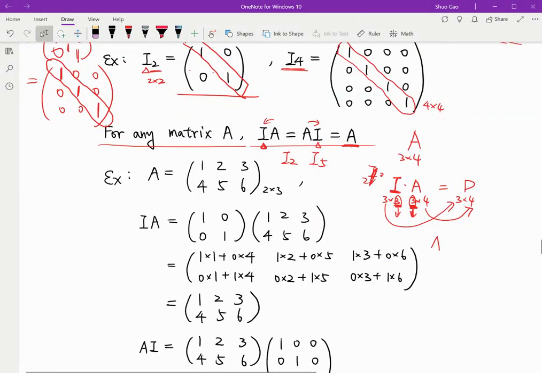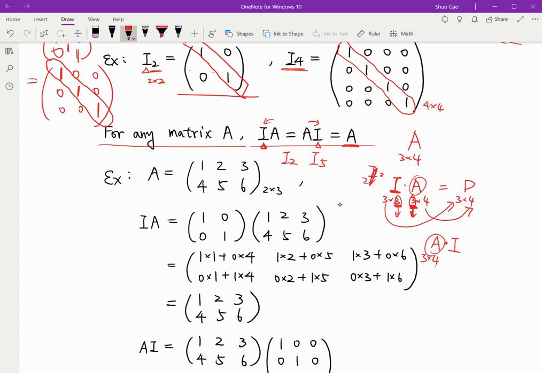But if we calculate A times I, where A is 3 by 4, we want to find a matrix I so that it's conformable with matrix A. Here, A is the first matrix.